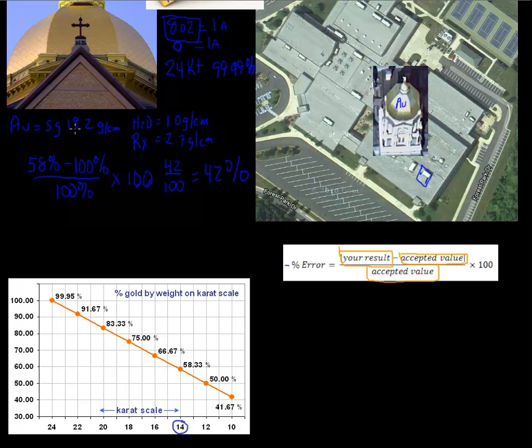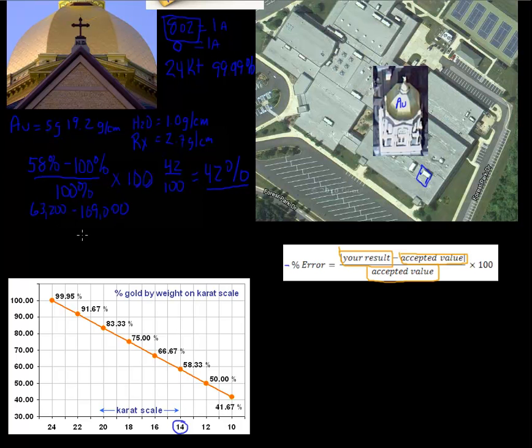So if you actually paid for 24 karat gold and you were given 14 karat gold, you have a 42% error. You can do the same sort of thing. If I actually take a look at it, $63,200 for the 58% gold, if we would have done this, $109,000.